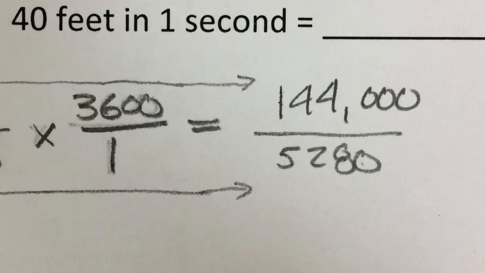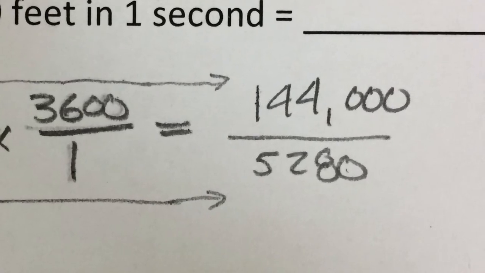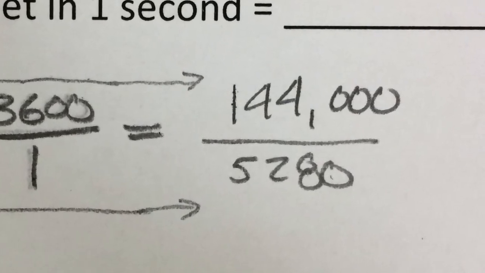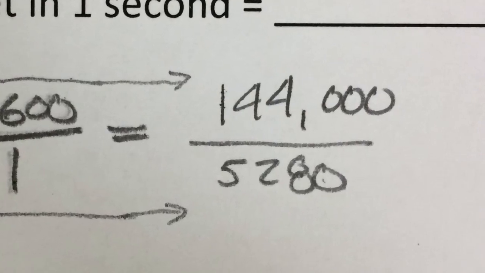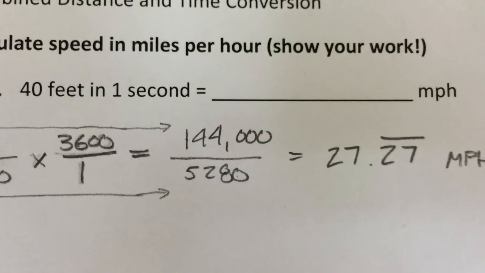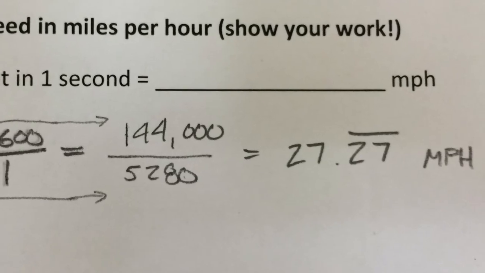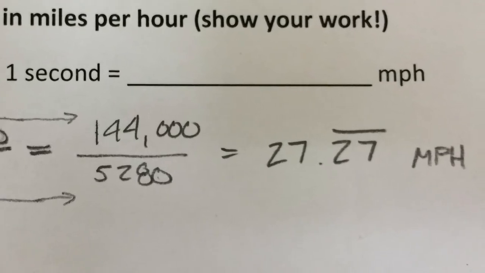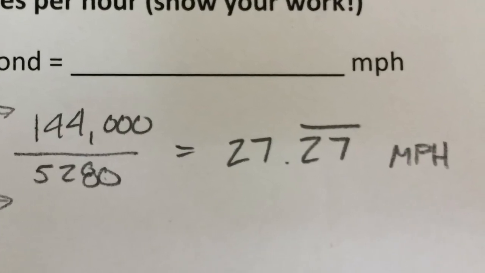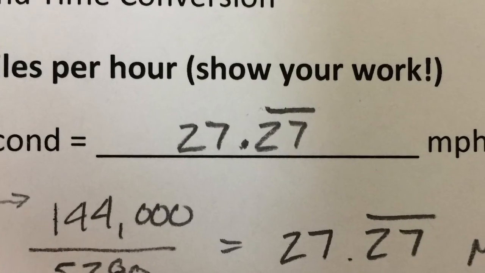The answer is 5,280. So if you notice here, this is not an answer. This is a fraction. 144,000 divided by 5,280. Go ahead and plug that into your calculator, and then you'll get your answer. It comes out to 27.27 repeating. And our units there are miles per hour.